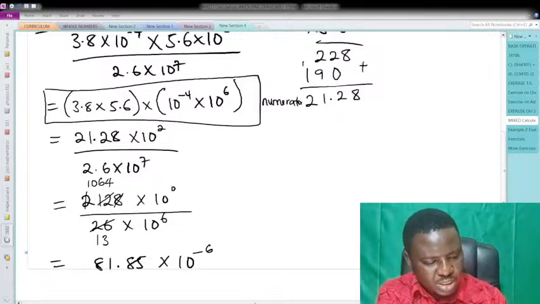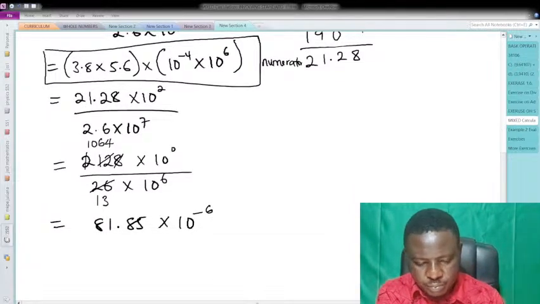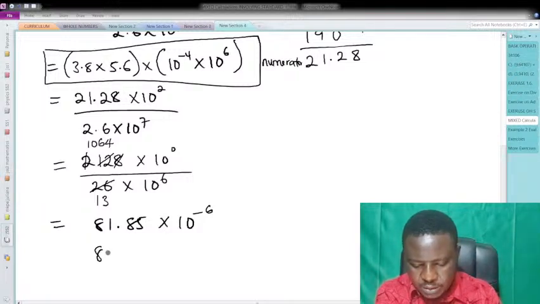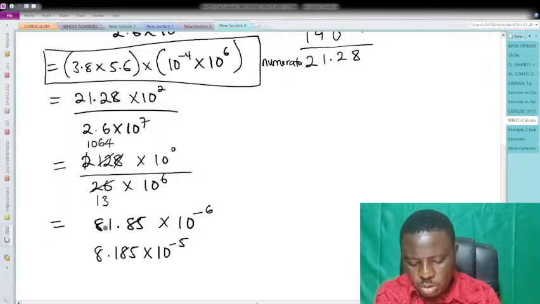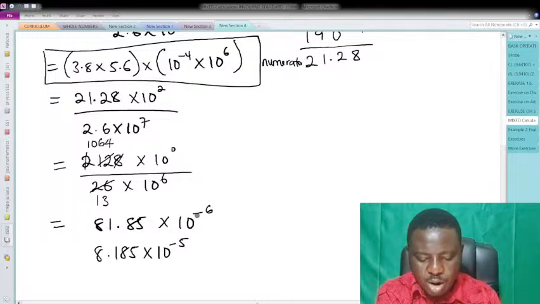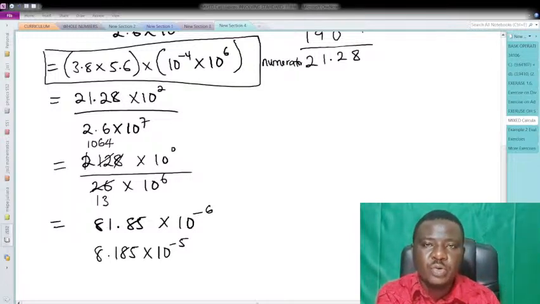Now, expressing this in standard form, this is going to be 8.185 times 10 raised to the power of minus 5. Being that we have moved the decimal point one place to the left, the power of 10 is going to increase.